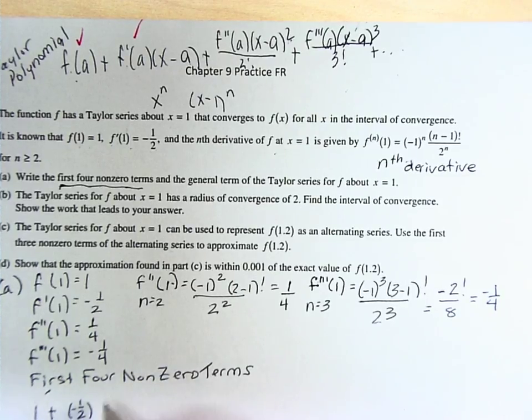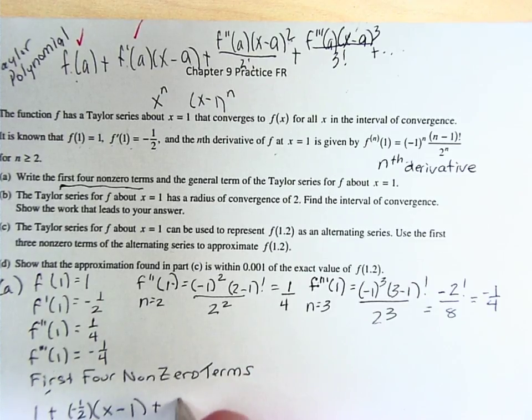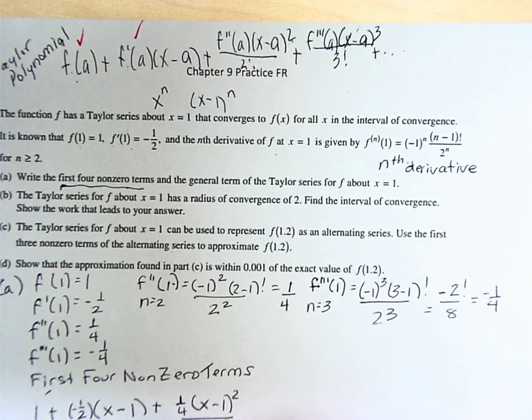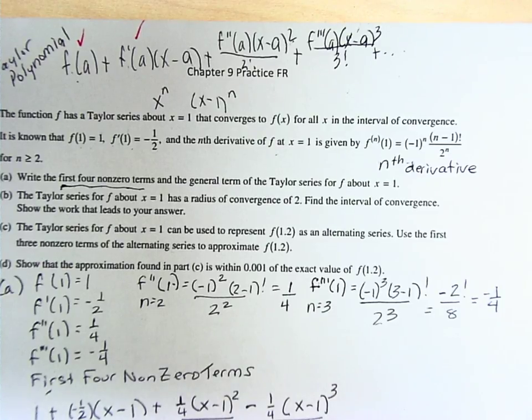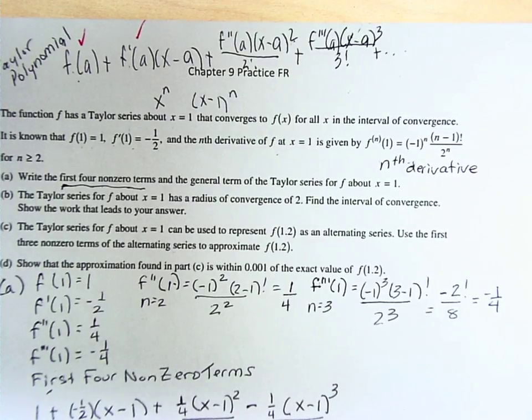I'm going to write negative 1/2, and this becomes x minus 1 plus the second derivative, 1/4 x minus 1 squared over 2 factorial minus 1/4 x minus 1 cubed over 3 factorial. That gives me exactly 3 terms.